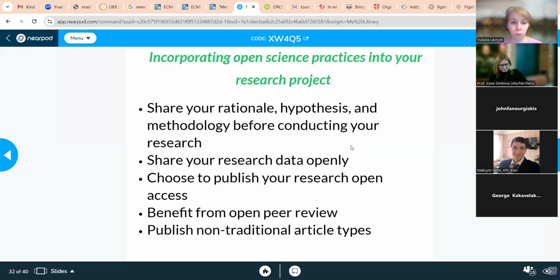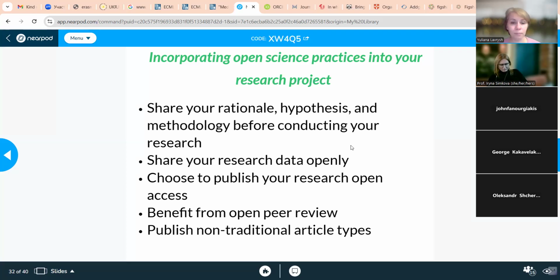So, summing up and approaching the conclusion: how to incorporate open science practices into your research project. First, you share your data before conducting your research, maybe even before publishing. You do it openly. You choose open repositories. You find open data on open repositories, which means that this data set is reliable and verified.